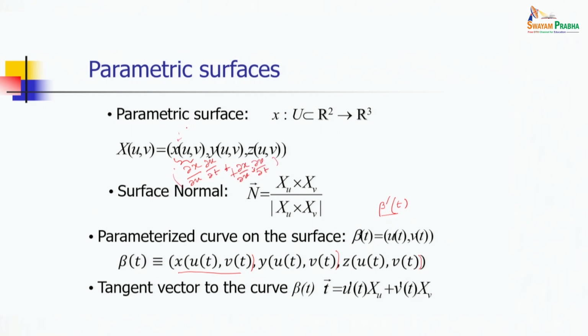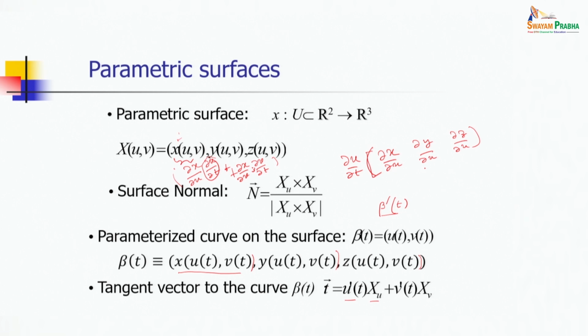So I can write in this way, simply I will consider this is u prime t times x_u, because delta u by delta t is common, so this part is giving me delta u by delta t, and then I am writing delta x by delta u, delta y by delta u and delta z by delta u as a vector.